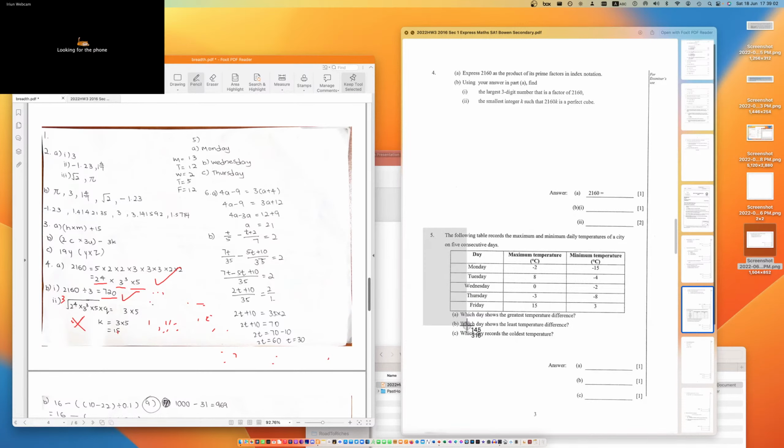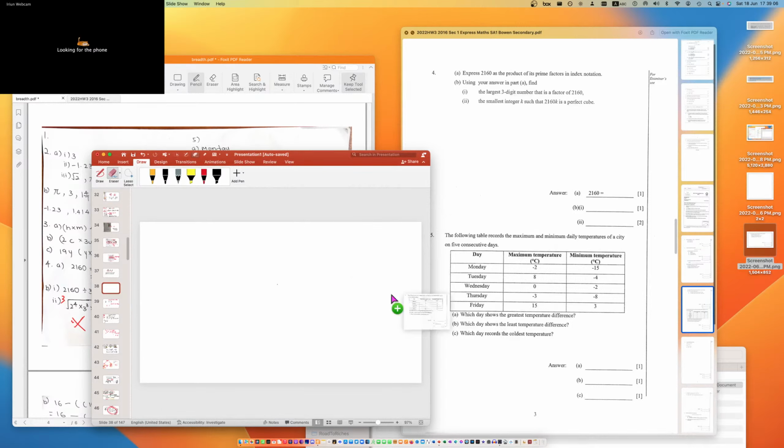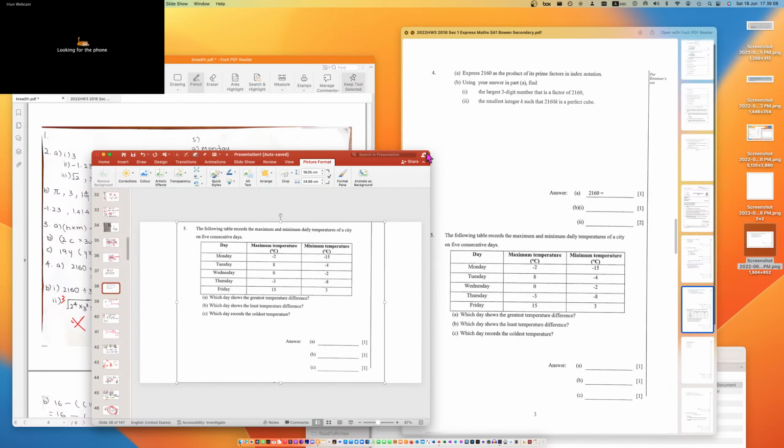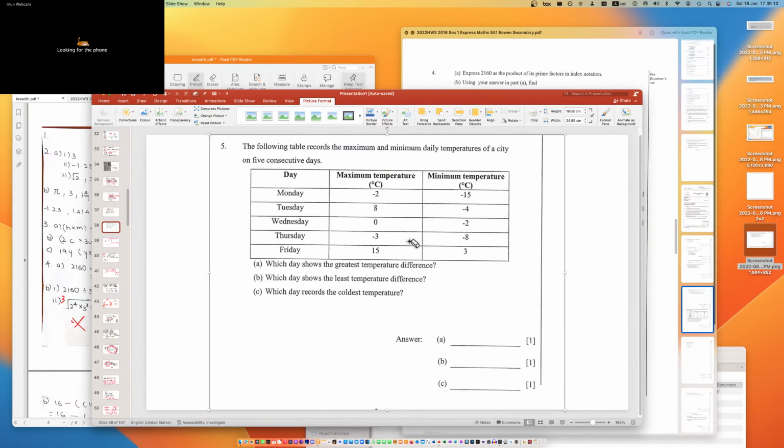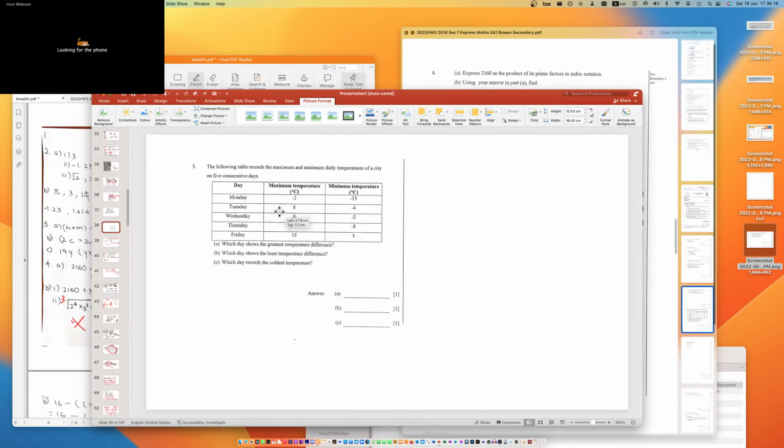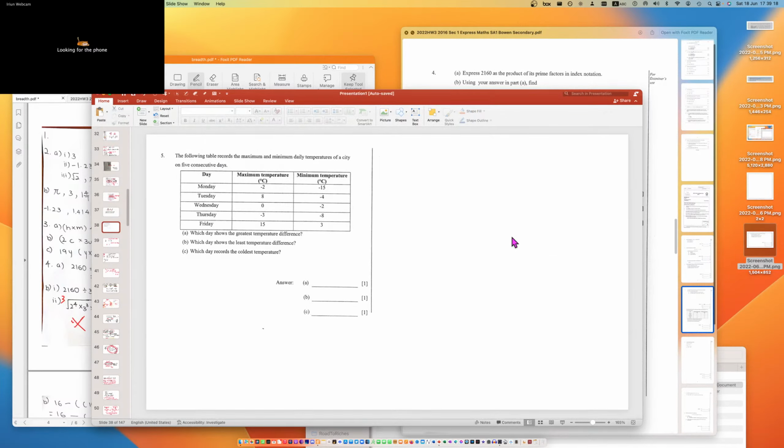Sometimes students make mistakes because of all these negative numbers. How do you avoid making mistakes? When it comes to negative numbers, it's good that you draw a number line. You are supposed to know how to draw the number line.